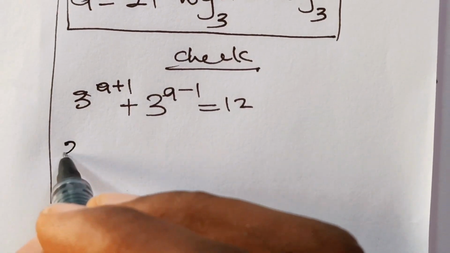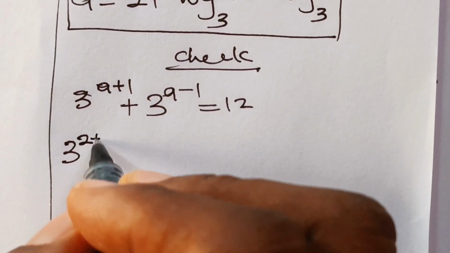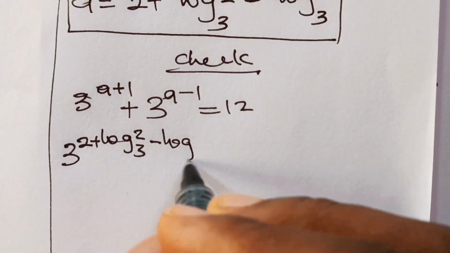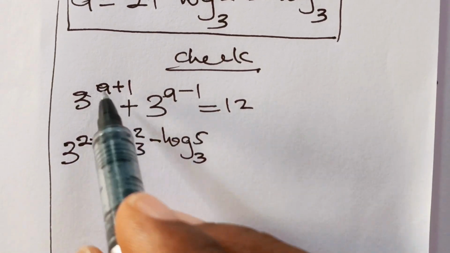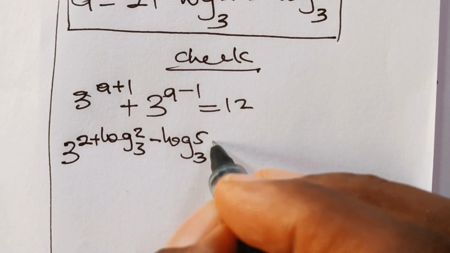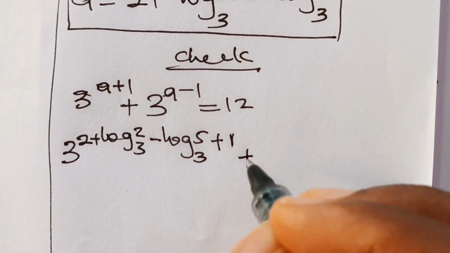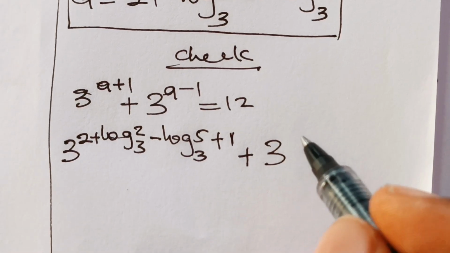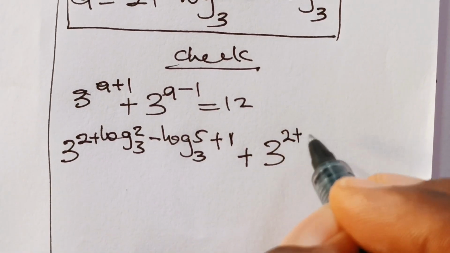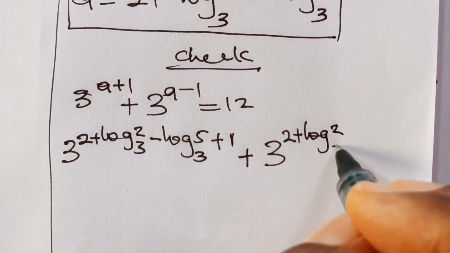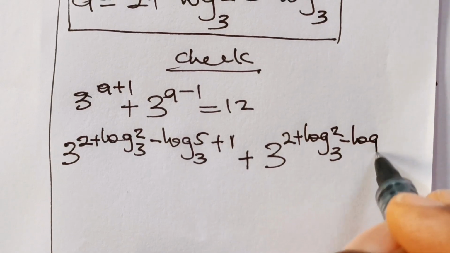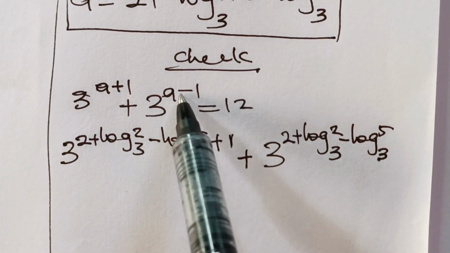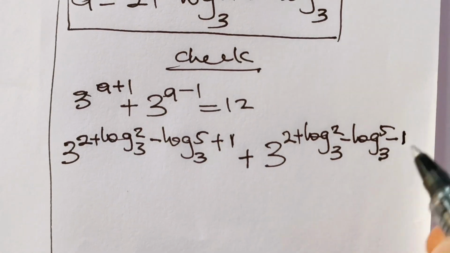So we have 3 to the power of 2 plus log 2 base 3 minus log 5 base 3, plus 1 for this one. Then plus 3 to the power of 2 plus log 2 base 3 minus log 5 base 3, then this one has minus 1.